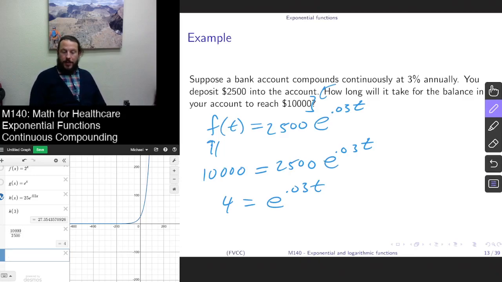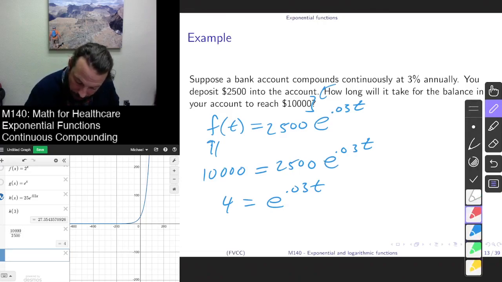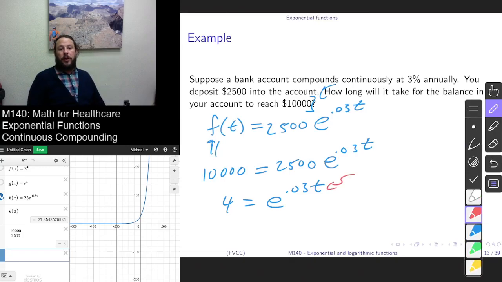We're kind of stuck there. The issue is we have the variable up in the exponent, and we don't know yet how to get it out. There are a couple of ways, and we'll talk about it in the next video, but one of the main ways is using logarithmic functions. We have to meet those first, and then we'll start solving these.